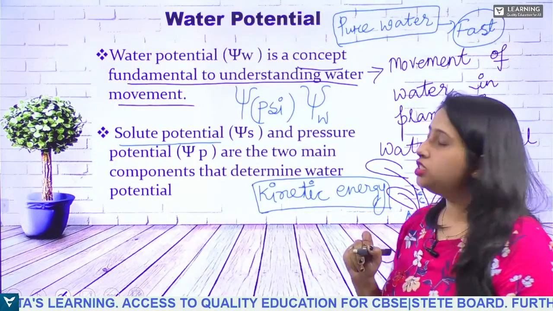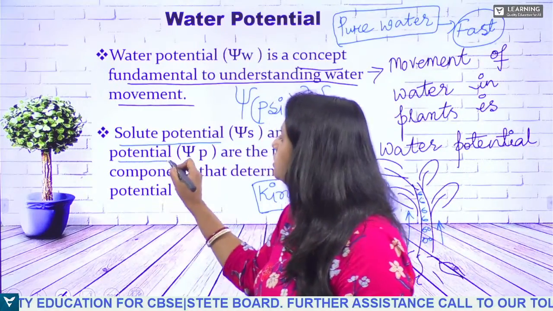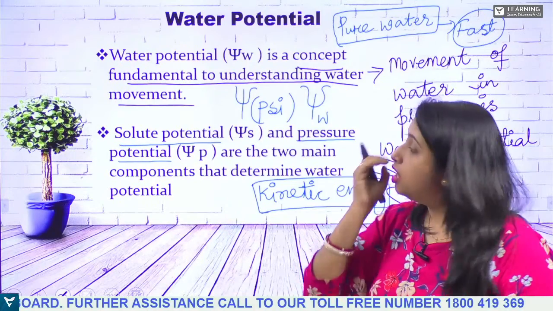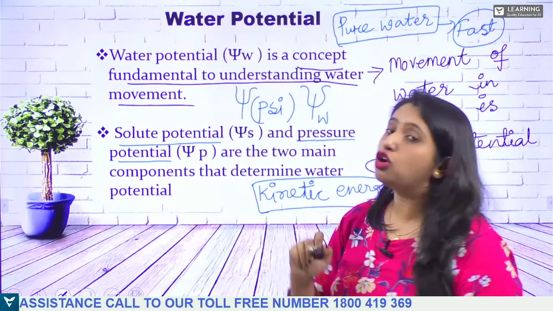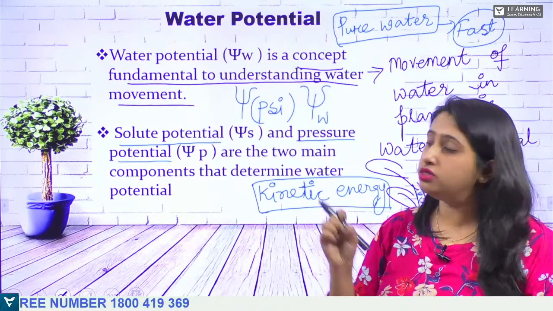Now, solute potential and pressure potential. It depends upon the pressure exerted by the different cells, and it also depends upon the solutes, how much solute is present in the water.